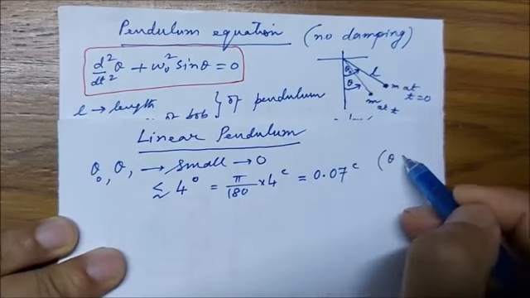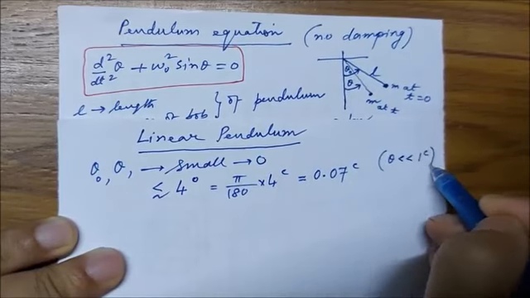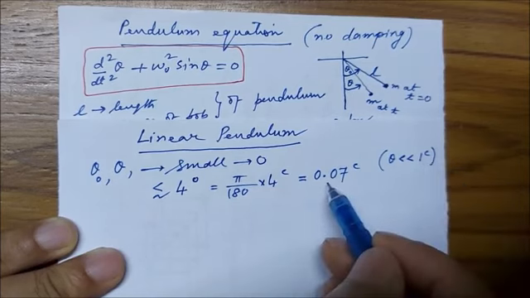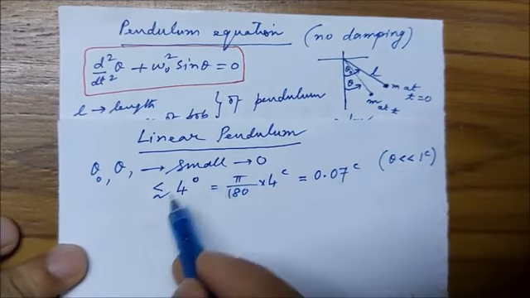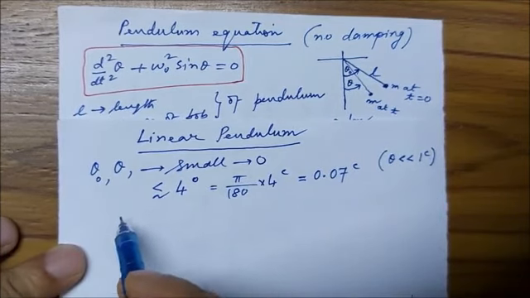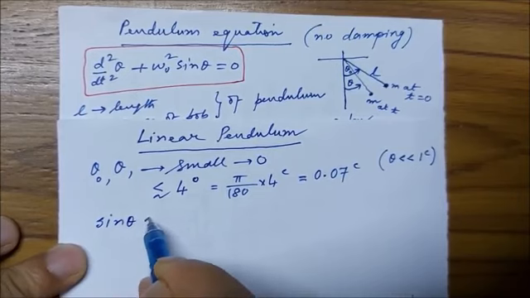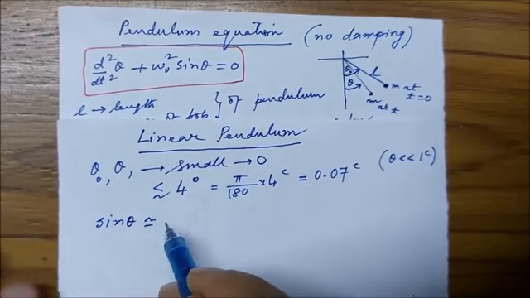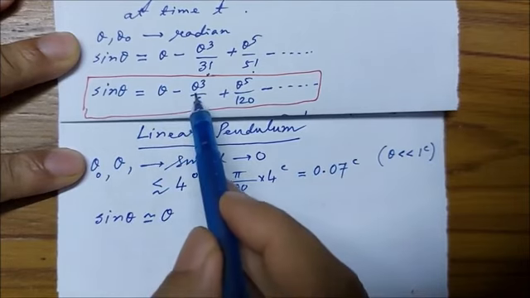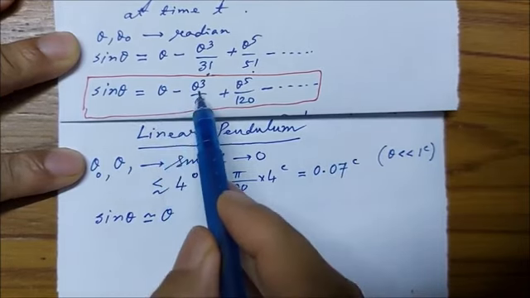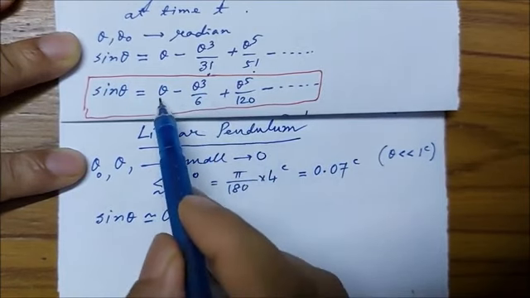Actually, theta should be much less than 1 radian, and here it is 0.07 radian. So the criteria is satisfied, so that we can now, instead of sine theta, just take the first term and write theta only, because these are very small. This is small, this is smaller, so you can neglect all the terms and retain only this term.